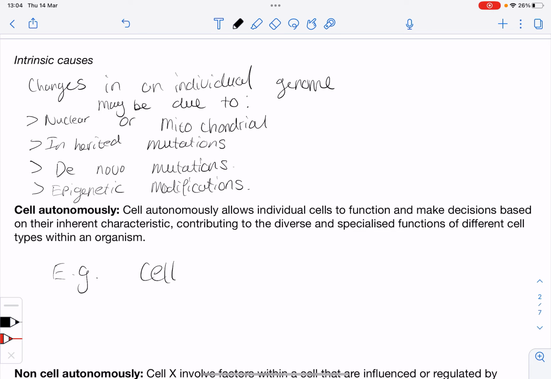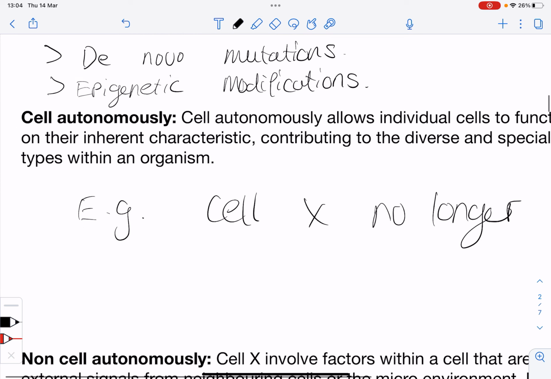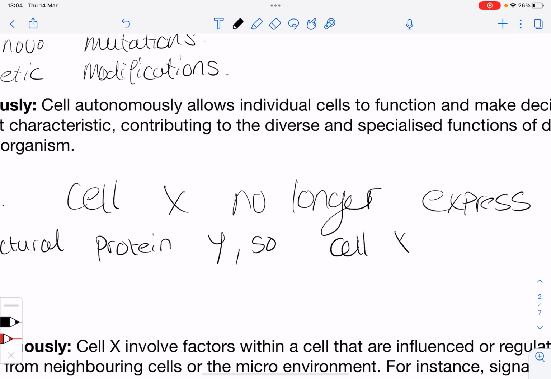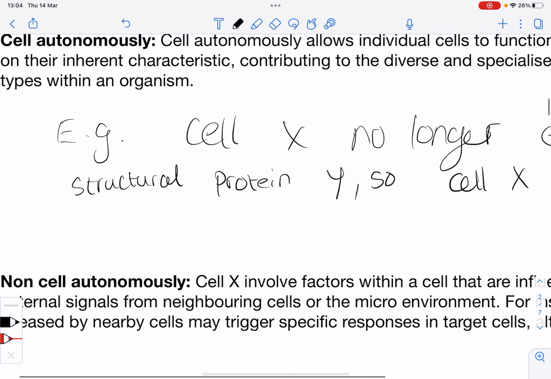Cell X no longer secretes, no longer expresses structural protein Y, so cell X is the wrong shape.